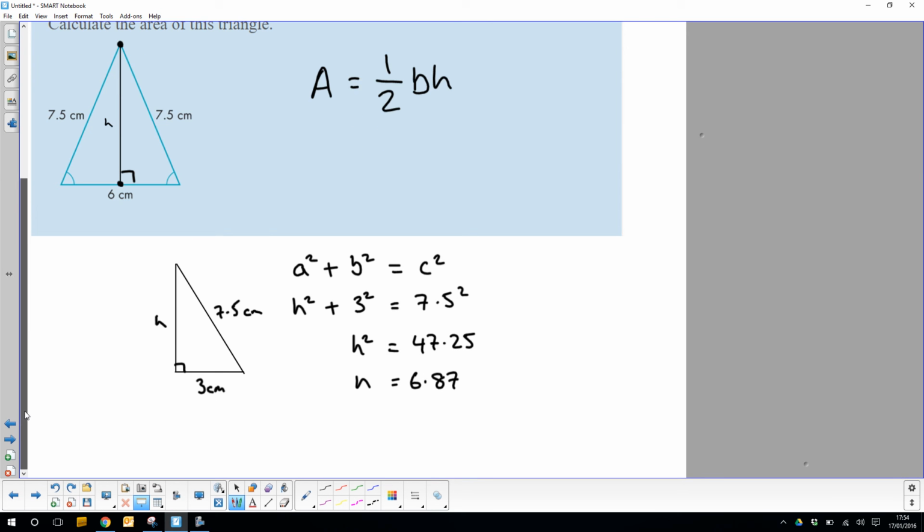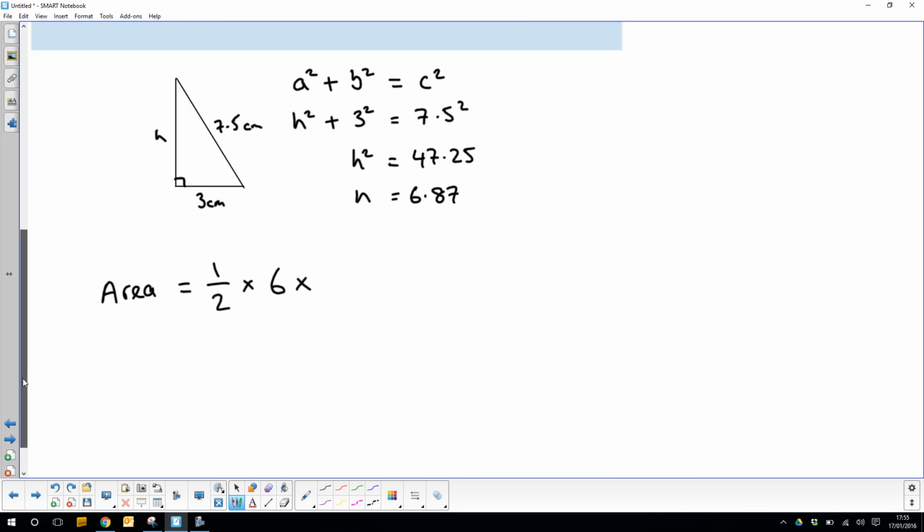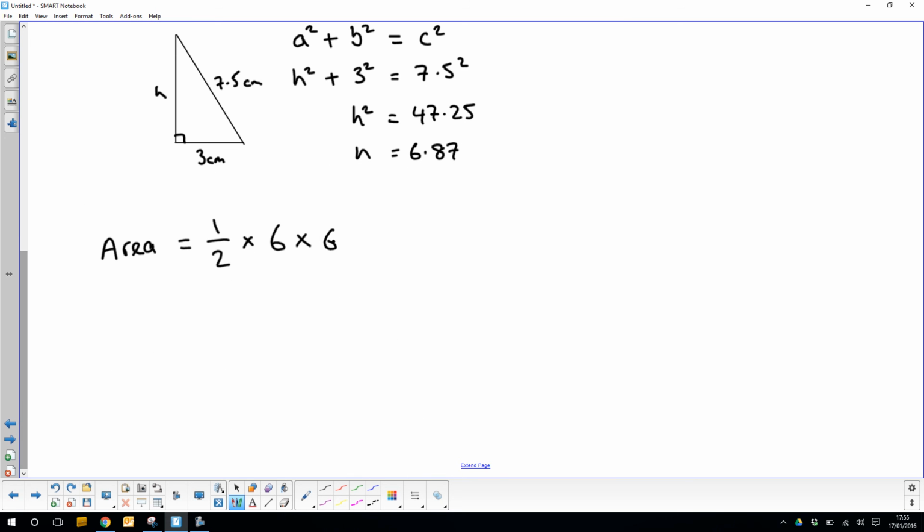The area is half the base times the height. So the area of the original triangle is a half times the base. Now the original triangle has a base that's 6 centimetres, times the height that we found, which I've written as 6.87, but of course in reality it's got more decimal places than that.